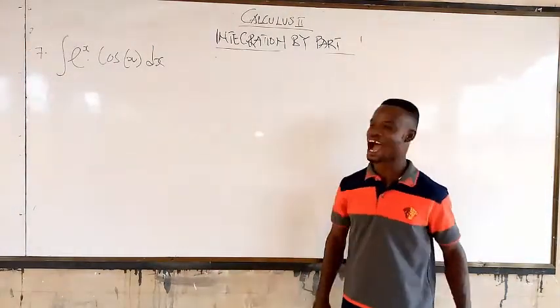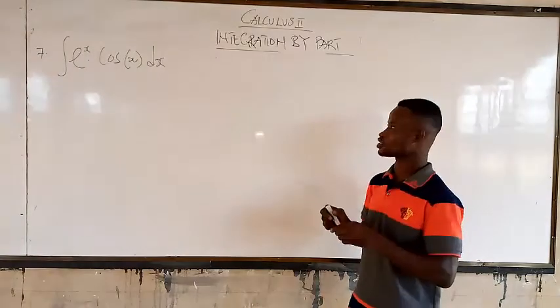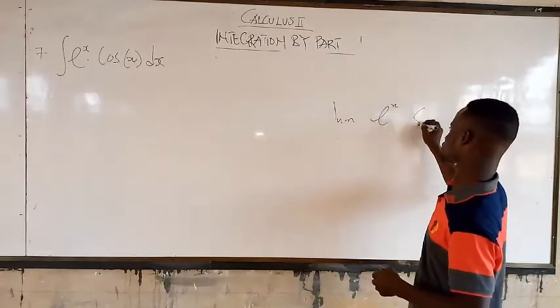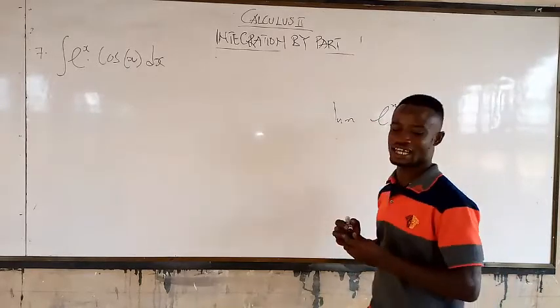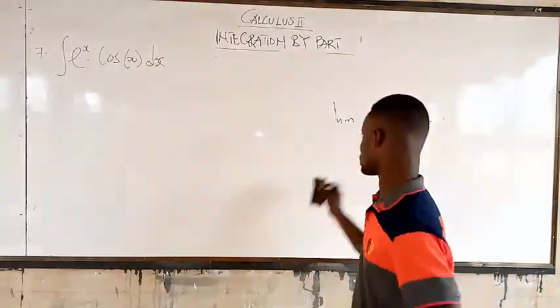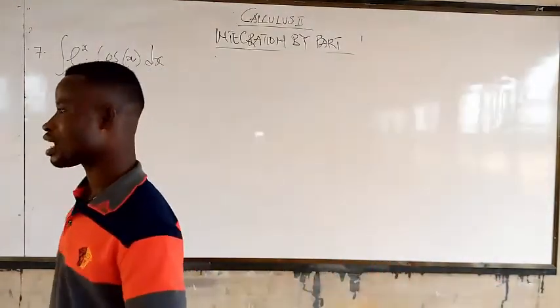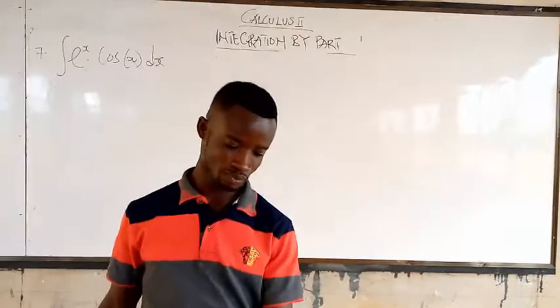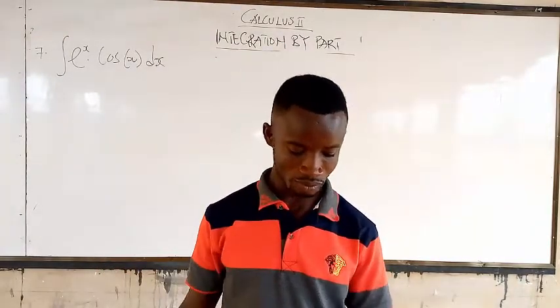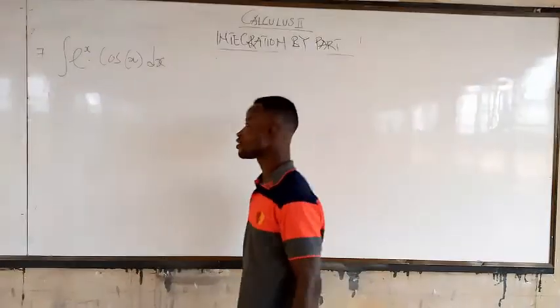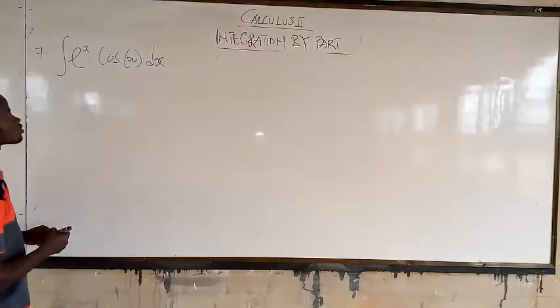Don't forget that they are all transcendental functions. The exponent, the trig, whether sine, cos, whatever, they are all transcendental functions. So, how do we do that? Very good. How do we do that? Very good. So let's see.